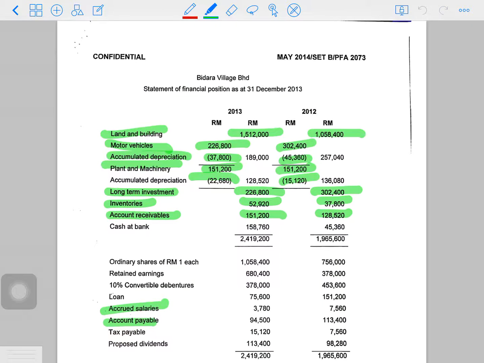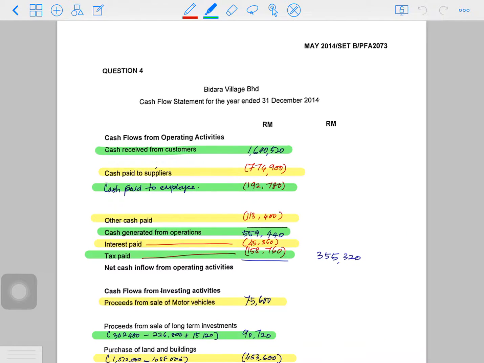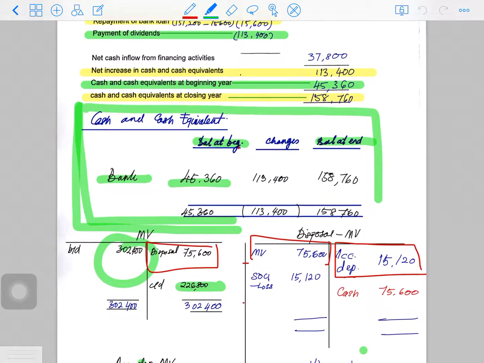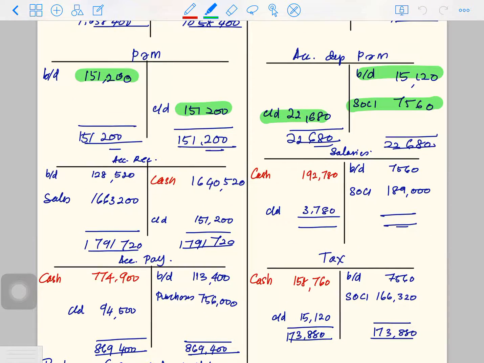So yang tu kalau kita buka debtors, account receivable.